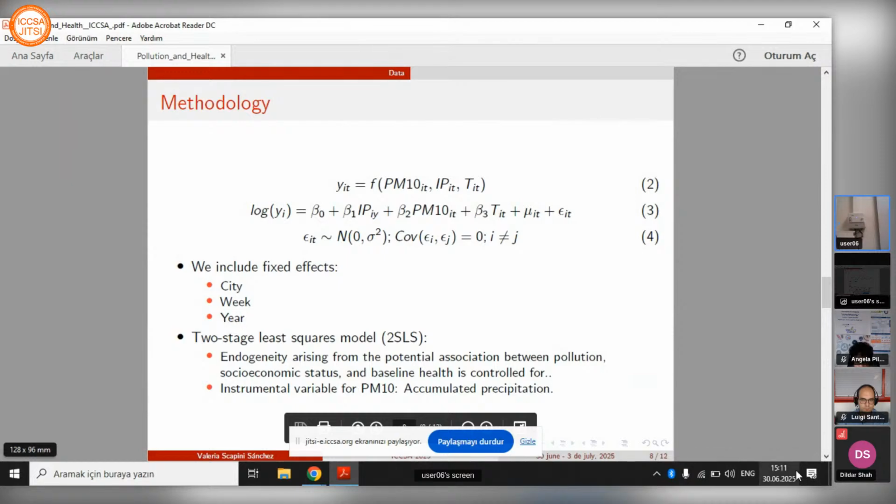And we use an instrumental variable. The instrumental variable for pollution is precipitation. Precipitation is statistically very significant with pollution, and it's not related with health.